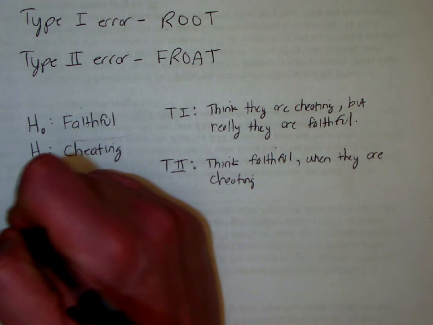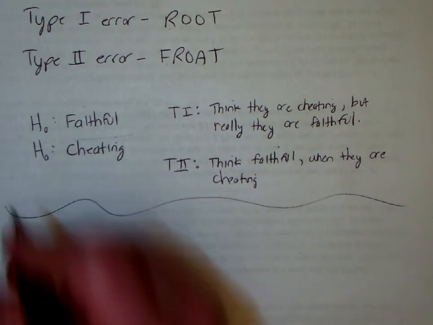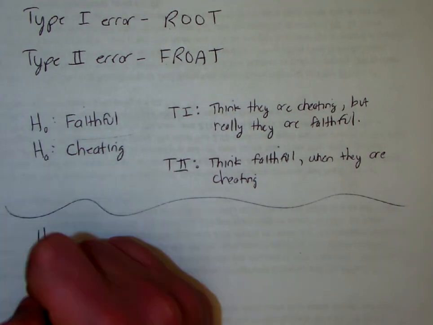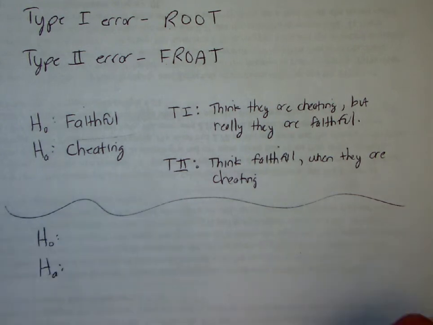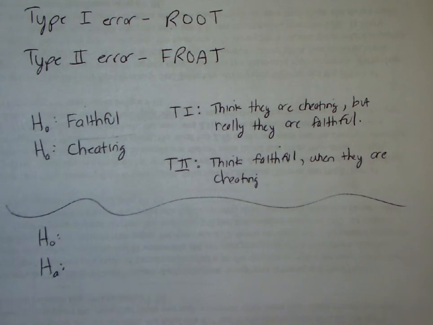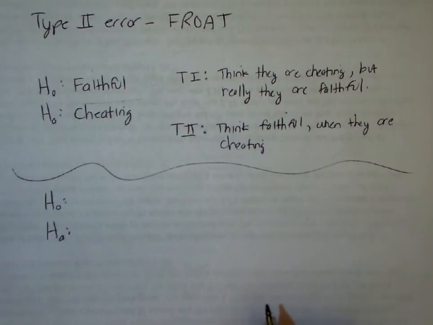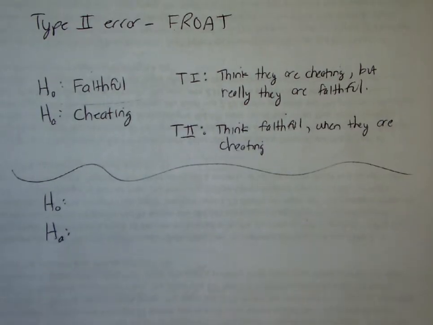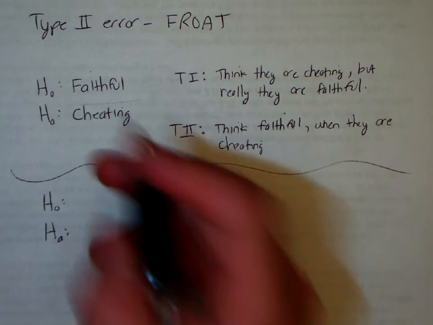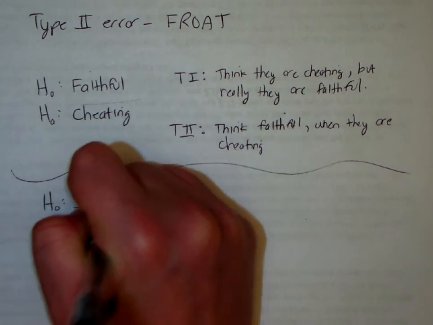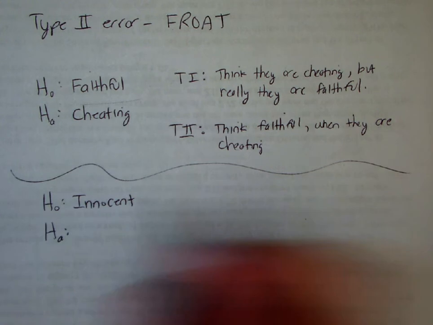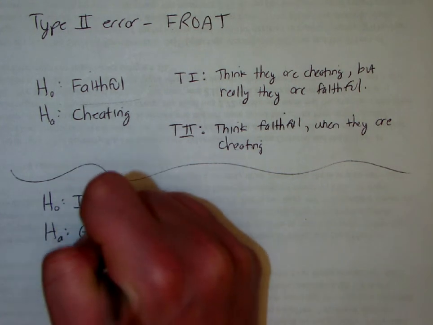And if I go back to our jury system, when you go to be put on trial for a crime, the assumption is that you are innocent, or it should be. The alternative is that you are proven guilty.